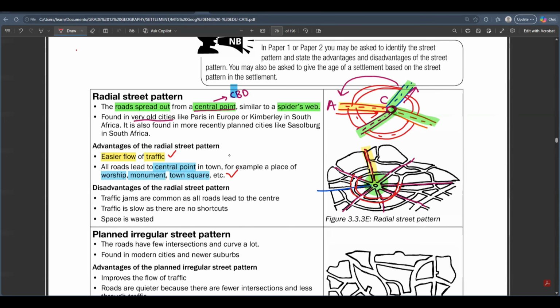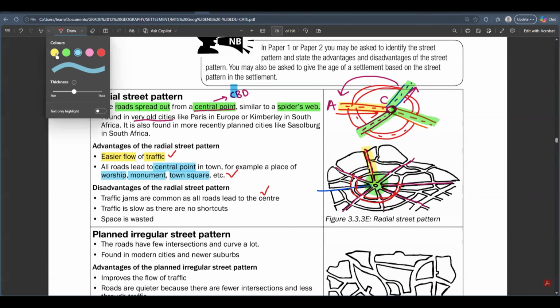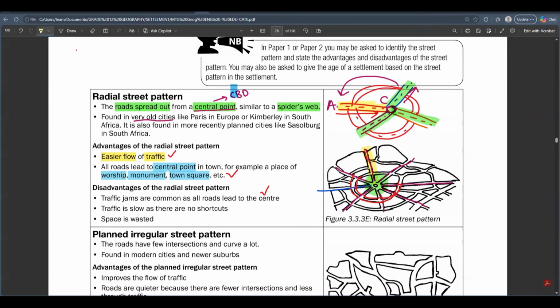So with that in mind, let's look at the disadvantages as well. There are disadvantages of having this radial straight pattern. Traffic jams are also common, for all roads that are leading towards the center, there is a common pattern of having traffic jams. If all the cars are going towards the same point, there is likely going to be traffic.